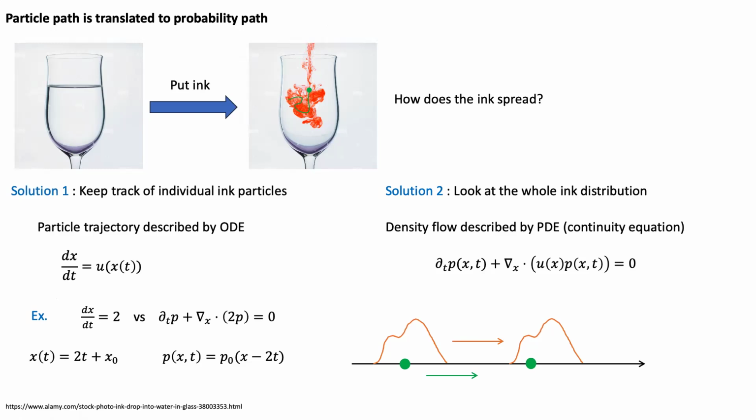After 1 second, if we have thousands of balls, the location distribution of the balls at time equal 1 is equal to the initial ball distribution, moved by x minus 2.